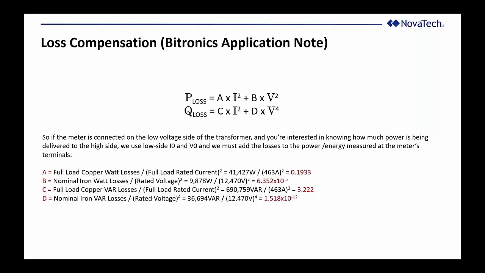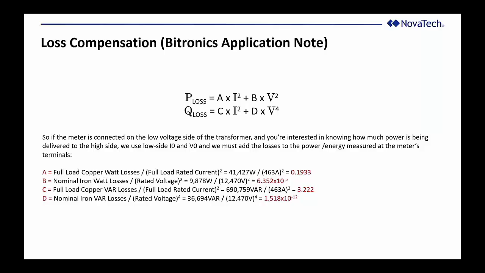Since 12,470 is a large number and then we square it, it's no surprise that we're going to get a very small number for the B factor. My C factor is going to be the 690.7 kVARs that we calculated with the Pythagorean theorem, divided by the 463 amps secondary full-scale current squared, which is 3.2.